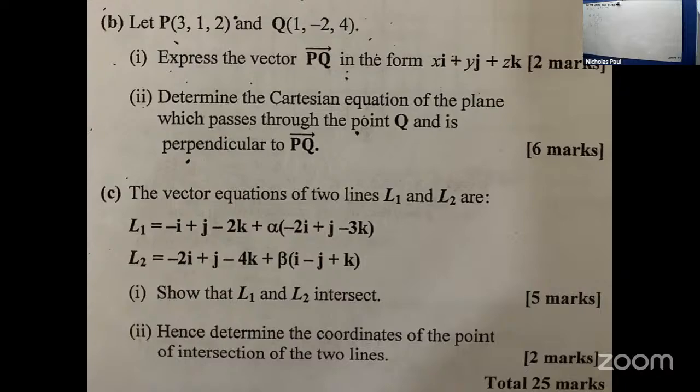Right? PQ is that, right? And part 2 is what? Part 2 is determine the Cartesian equation if it passes through Q and is perpendicular. So we know that the vector equation of a plane is this, right? And they want Cartesian, so I replace r with x, y, z.